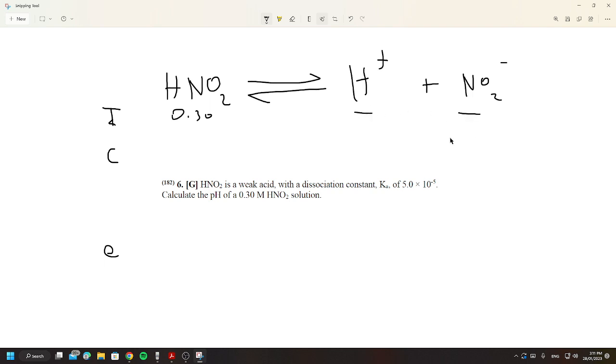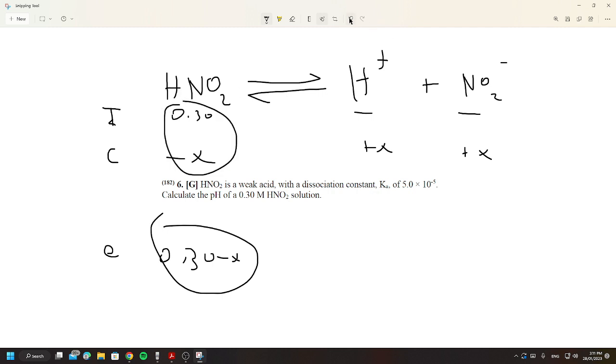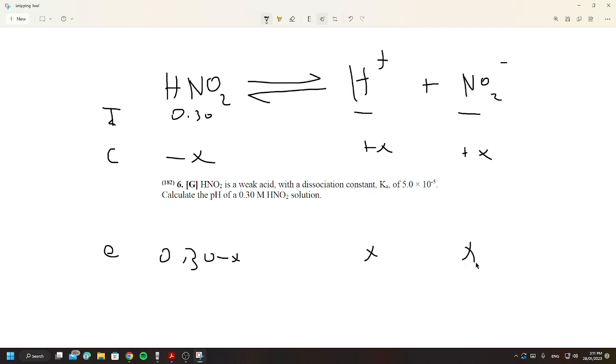We don't have initial concentrations for these two, and then they change. So minus x, plus x, plus x, and then 0.3 minus x. As I said in the previous recording, you get this by just combining these two. So 0.3 minus x, and here nothing plus x, so just x, and then nothing plus x, so just x, and then you write down the Ka expression.